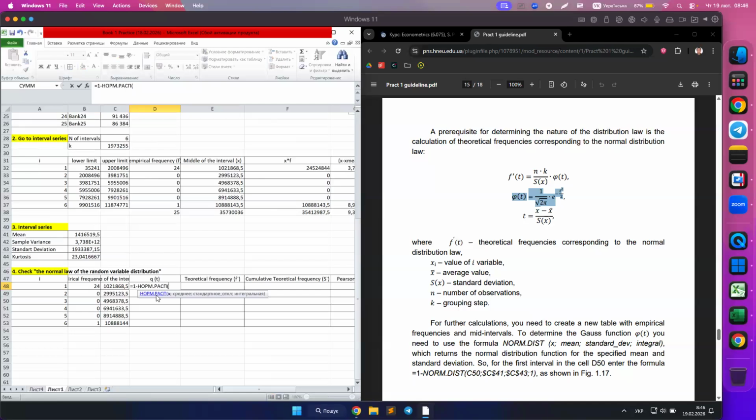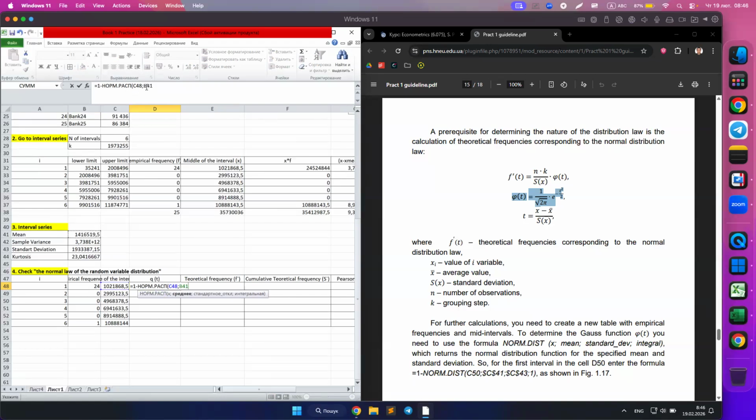And here we have to write information about the middle of the interval. You can see this metric here. We have to write information about our previous mean value. The mean value we can see here.